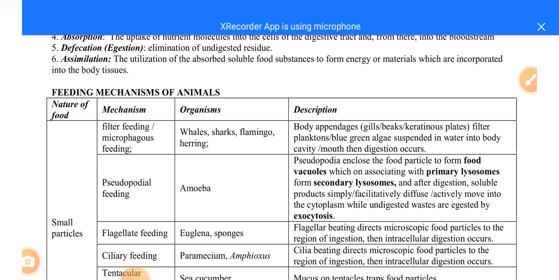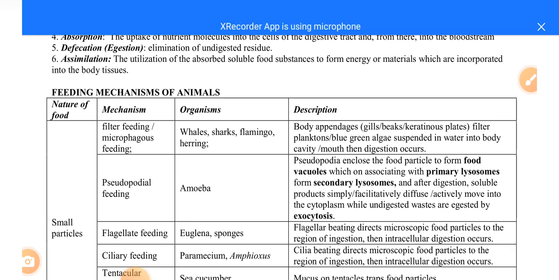We have what we call the pseudopodial feeding. When we talk about pseudopodial feeding, what comes to mind is the amoeba. The pseudopodia enclose the food particles to form food vacuoles, which on associating with the primary lysosomes form secondary lysosomes, and after digestion, the soluble products simply or by facilitated diffusion or actively move into the cytoplasm, while the undigested wastes are removed by exocytosis.